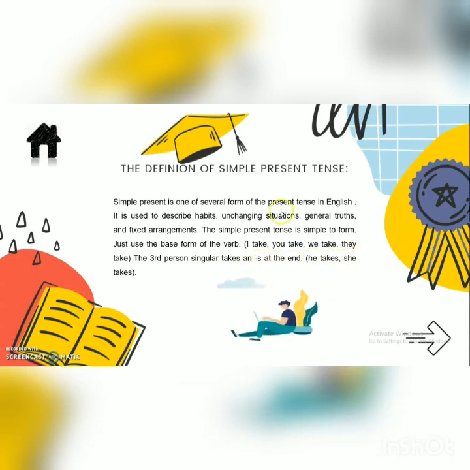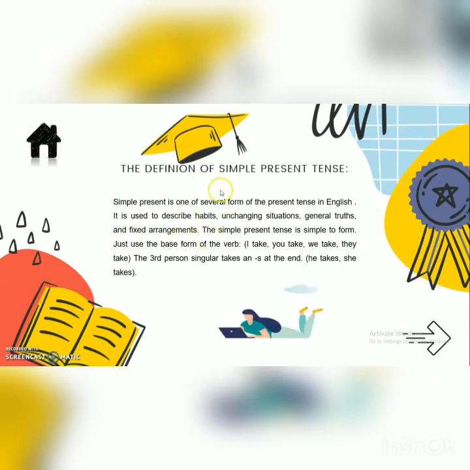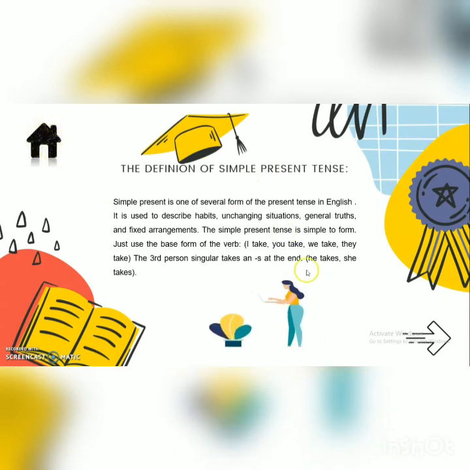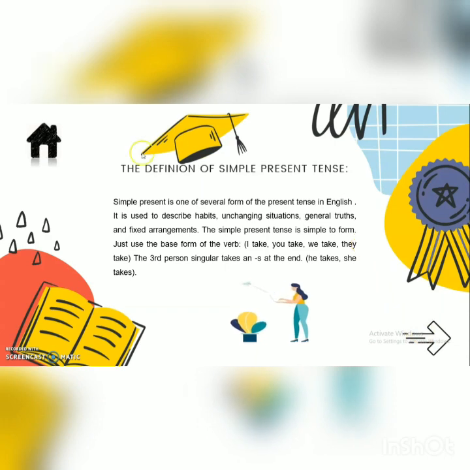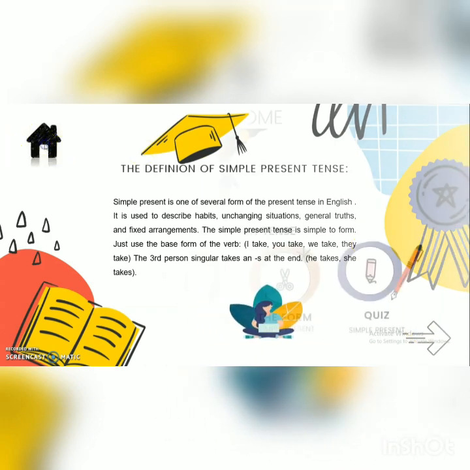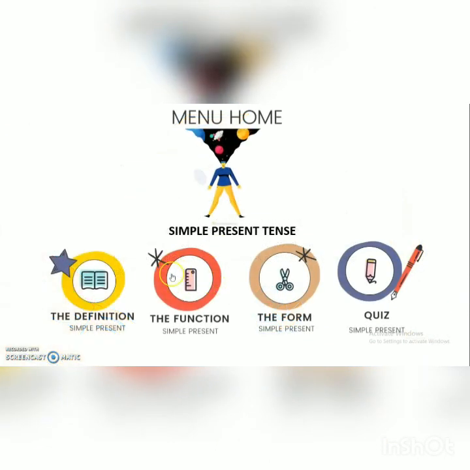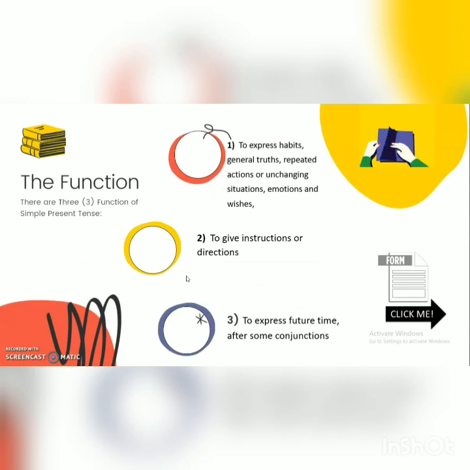she takes. Okay, to know the functions of simple present tense, we can click home to go back, or we can go next to see the function, but I prefer to go back to home. And let's check the functions of simple present tense. There are three functions of simple present tense.